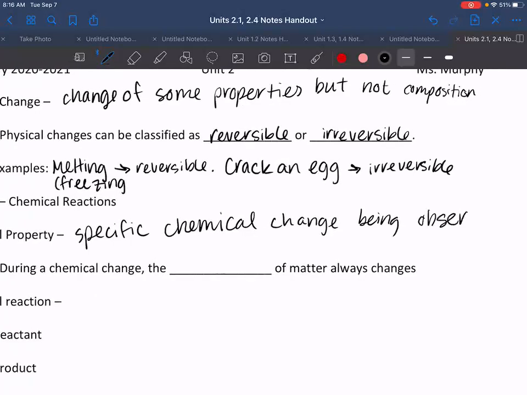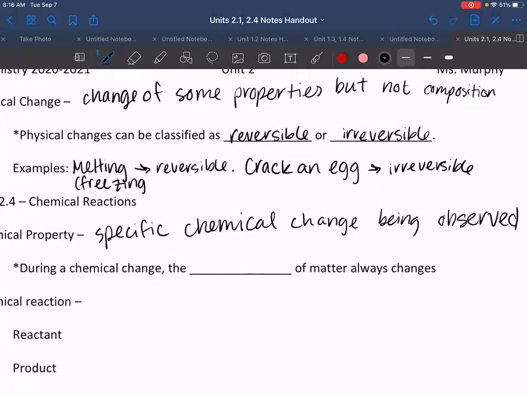Now we're switching and talking about the change in composition. That's what this next bullet point is for: during a chemical change, the composition of matter always changes.